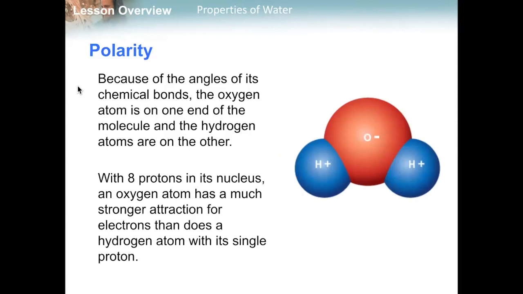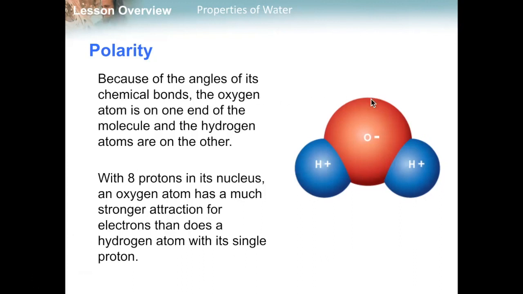Because of the angle of its chemical bond, the oxygen atom is on one end of the molecule and the hydrogen atoms are on the other end. With 8 protons in its nucleus, an oxygen atom has a much stronger attraction for electrons than a hydrogen atom with a single proton.